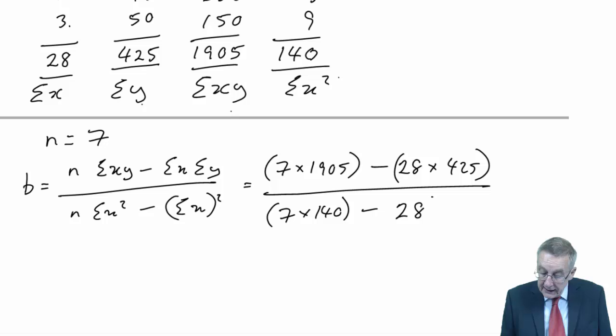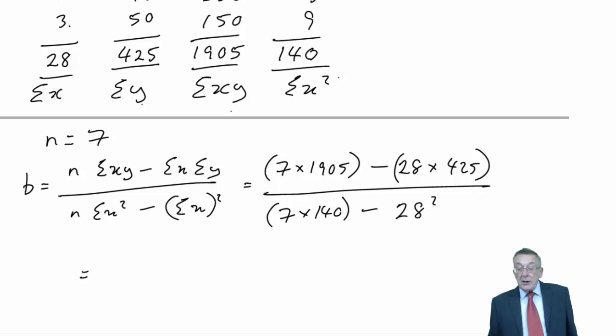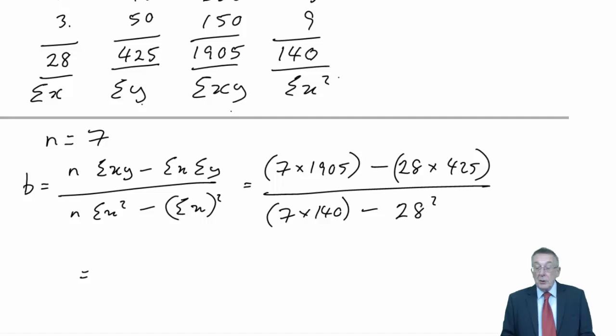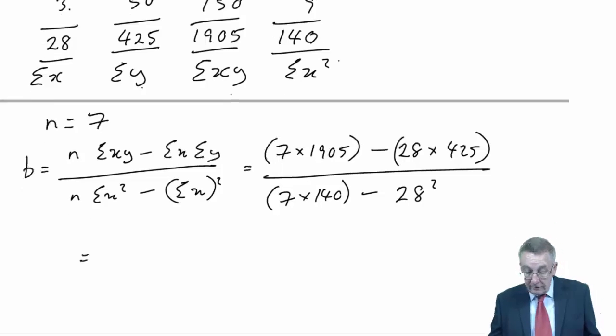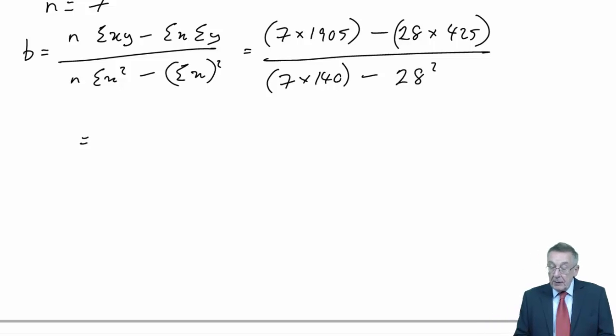Sigma x was 28, 28 squared. Now, I don't know if you're efficient with your calculator, maybe you can do that all in one, but just for everybody's benefit, including mine, I'll do it step by step.